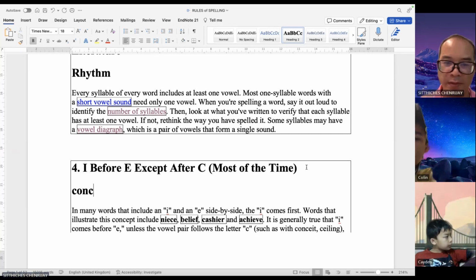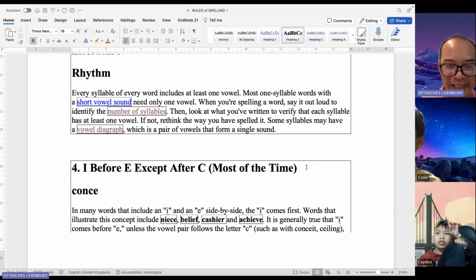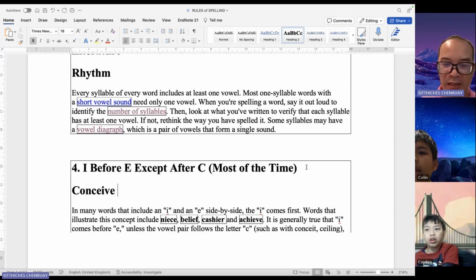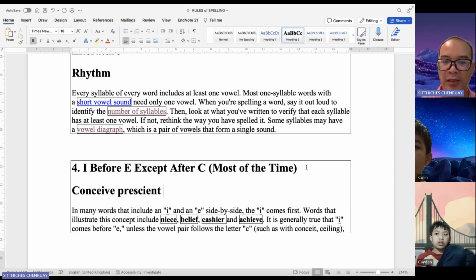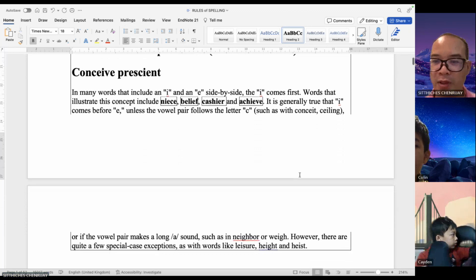Which one, IE or EI? Actually, this one is EI. Okay, EI, but prescient, this one. P-R-E-S-C-I-E. This one does not follow the rule.